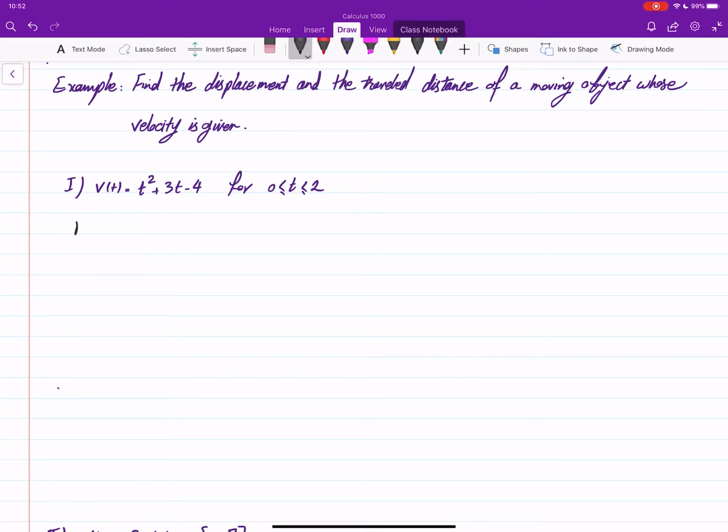We're looking for displacement on the interval 0, 2. We know that this is going to be the integral from 0 to 2 of the velocity function. Well, the velocity function is a polynomial, so this is t squared plus 3t minus 4 dt.